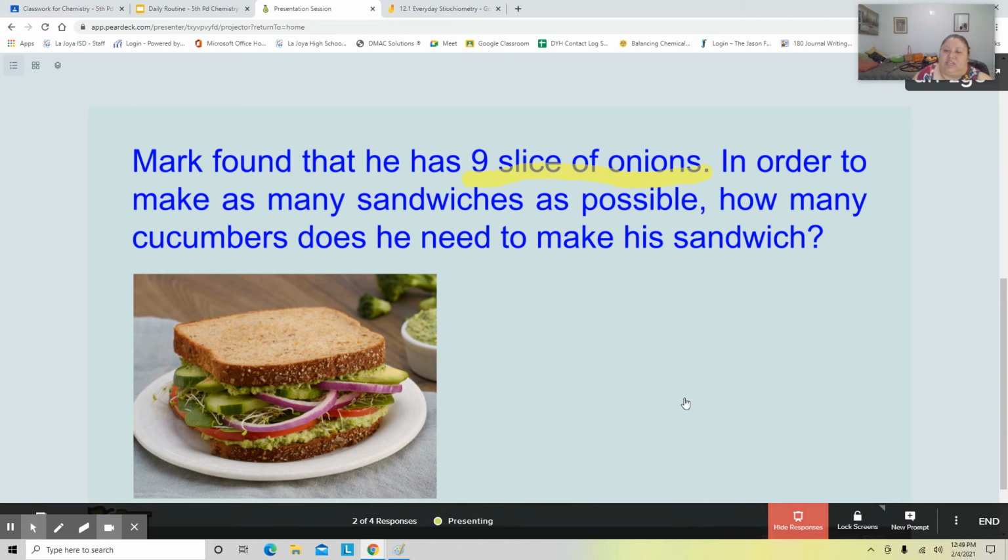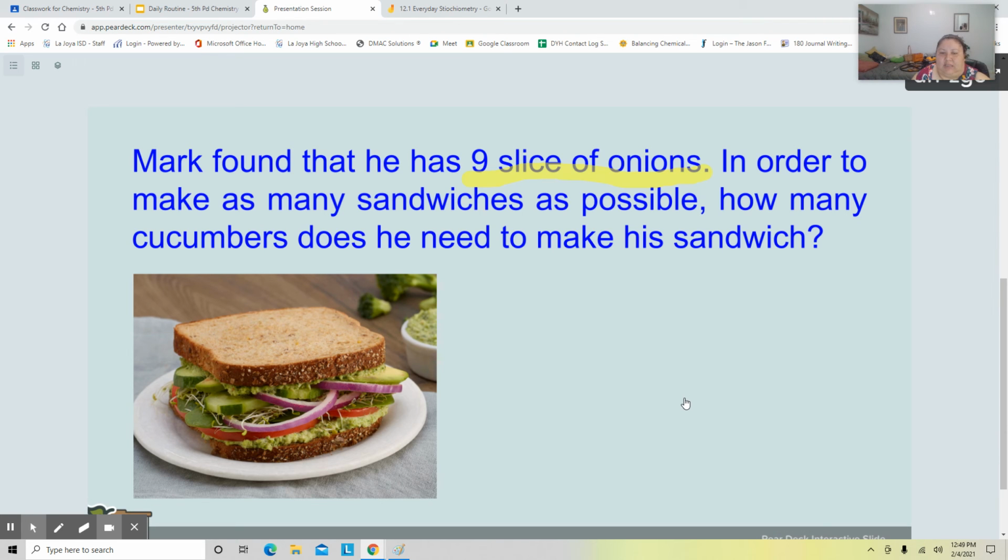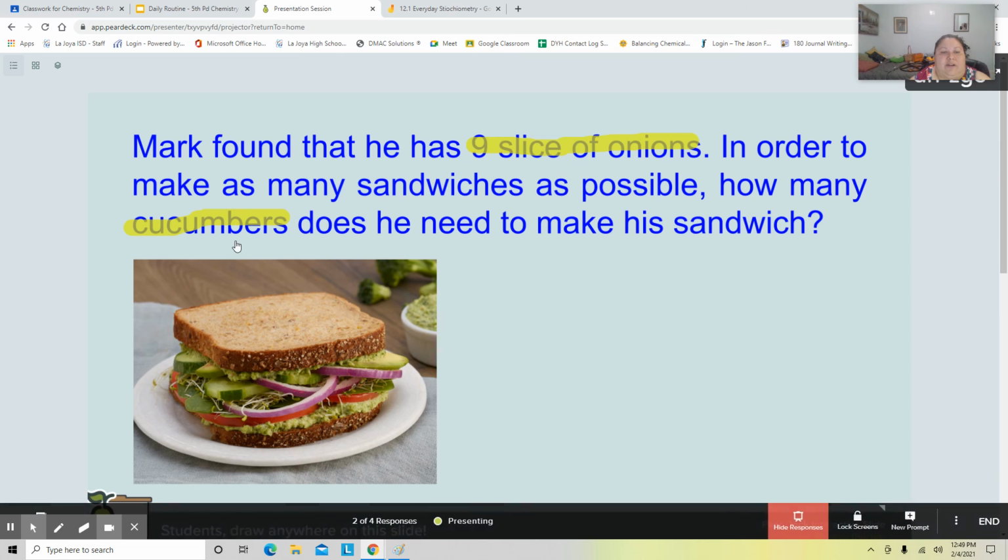What do they want you to change the onions to? Can you highlight that? Can you highlight what they want you to change the onions to? Oh, very good. Cucumbers. They want you to change your onions to cucumbers.